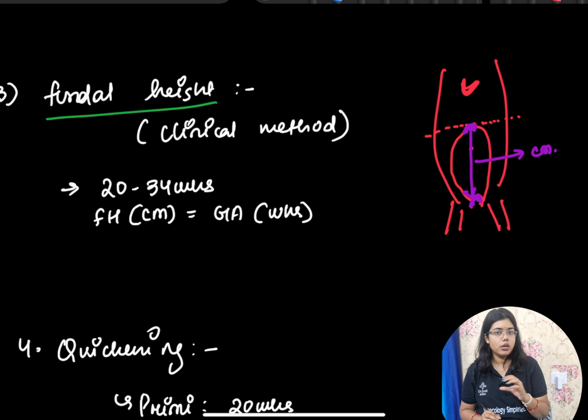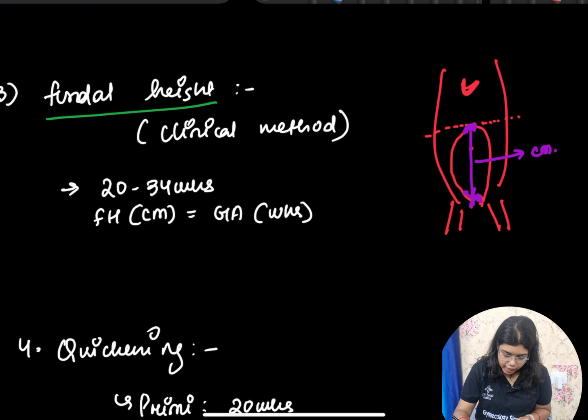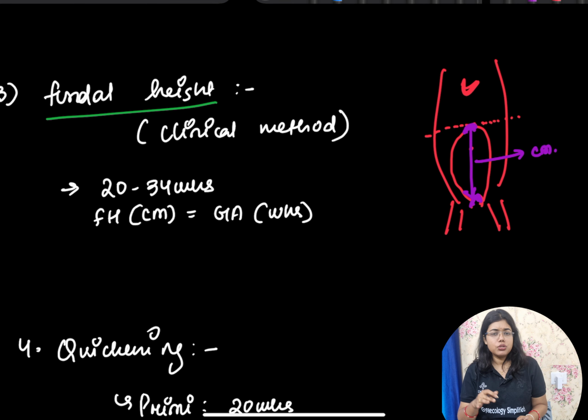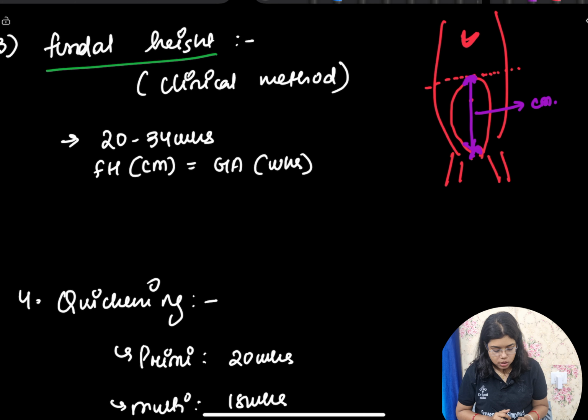But one limitation is that we can calculate it only from 20 to 34 weeks, not more than 34 weeks, and also not below 20 weeks. And also this is a clinical method, so there is much more intra-observer variability. So this is not very reliable, but we can calculate it, and clinically we can also assess IUGR, or growth restriction of the babies.